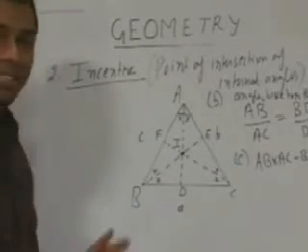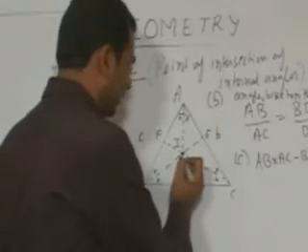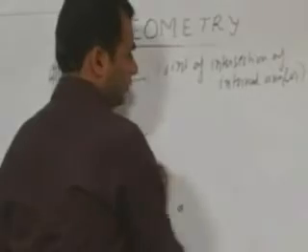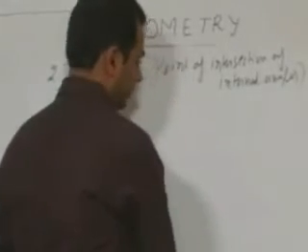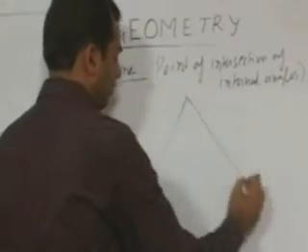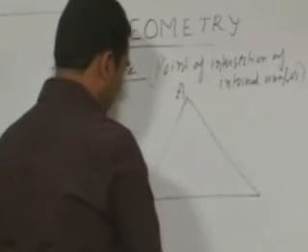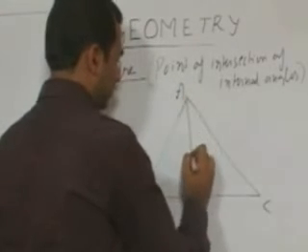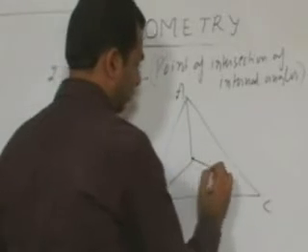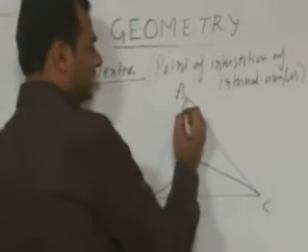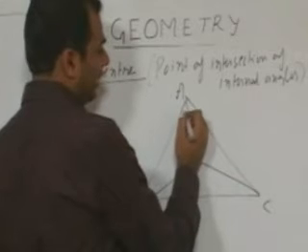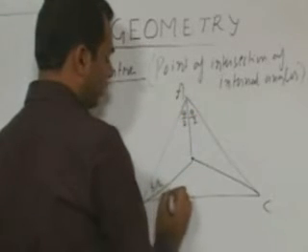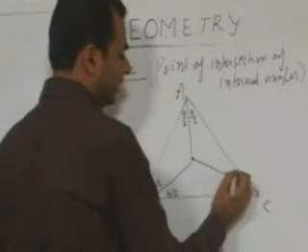A few of the other things related with the angle bisector: what is the measurement of this angle? Let's say I draw a new figure. If this is A, B and C, and this is my in-center, I assume that this angle is A by 2, this is A by 2, this is B by 2 and this is B by 2, and this is C by 2 and this is C by 2.